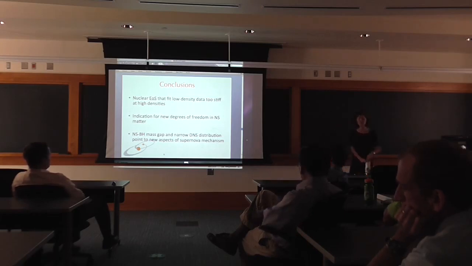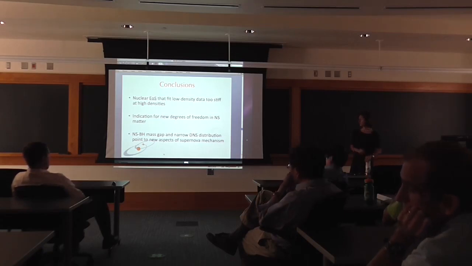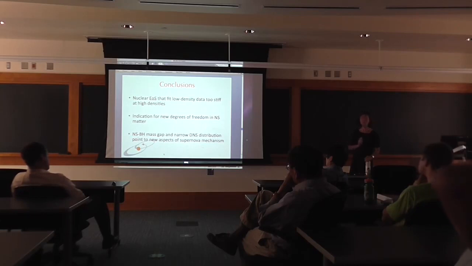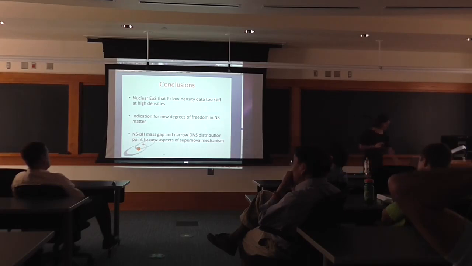We have measurements at least 3 fiducial densities that we can use to constrain nuclear physics. And the mass gap might have its origins in the pre-supernova stars and the details of the supernova explosion, but the narrowness of the double neutron star distribution is right now a puzzle that we don't have good ideas about.